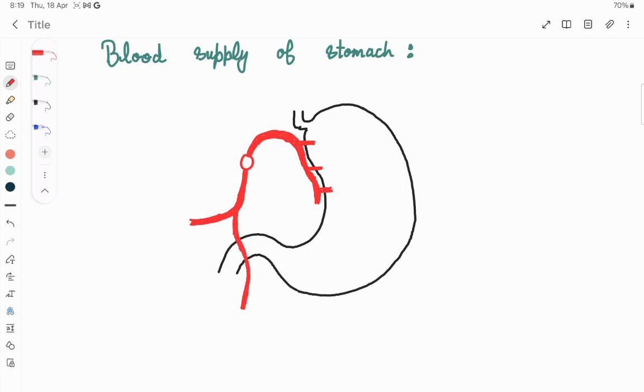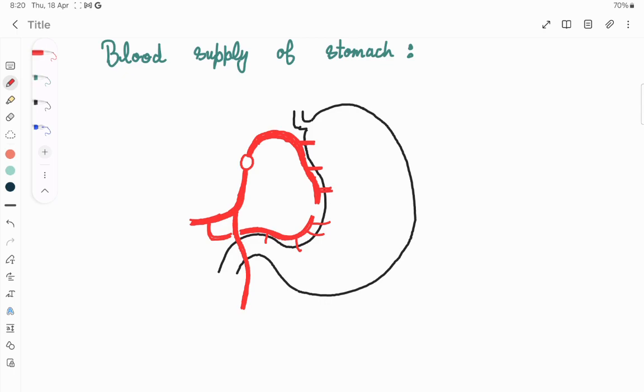Then it becomes the proper hepatic artery, and from the proper hepatic artery arises the right gastric artery. This is the right gastric artery, and it supplies the stomach directly.